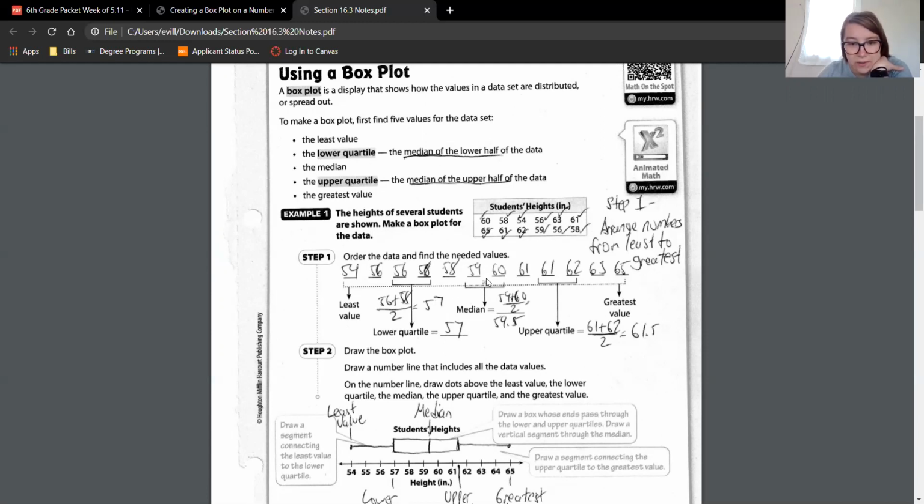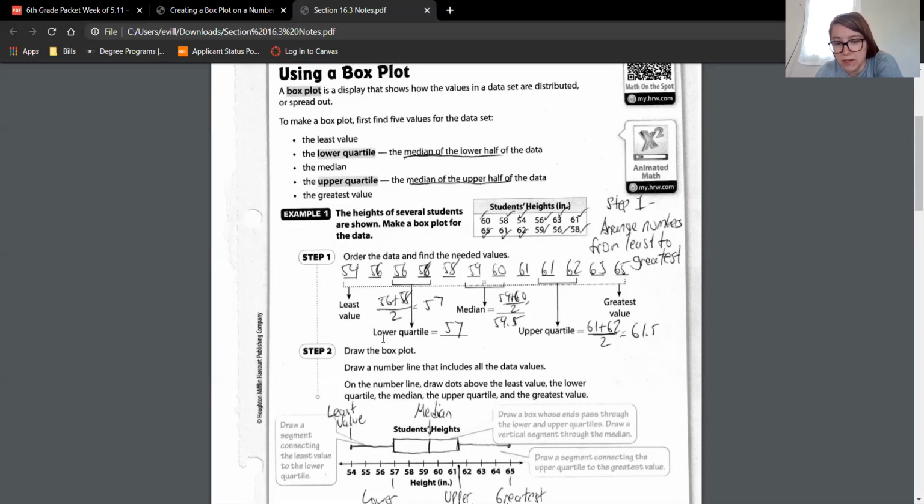It says from the median down is the lower half. So if we wanted to find the lower quartile, or the median of the lower half, we'd cross off 54, we'd cross off 59, we'd cross off 56, we'd cross off 58. We have two numbers in the middle, so we have to add 56 plus 58.